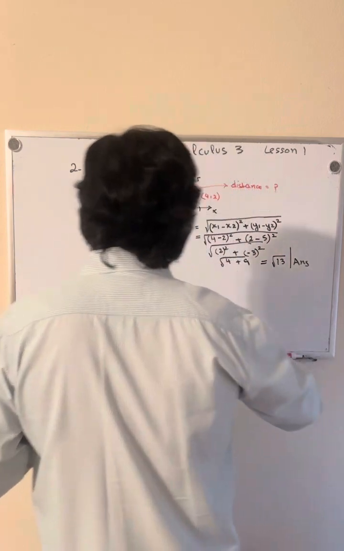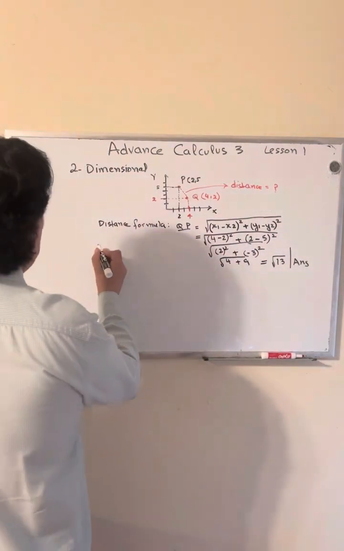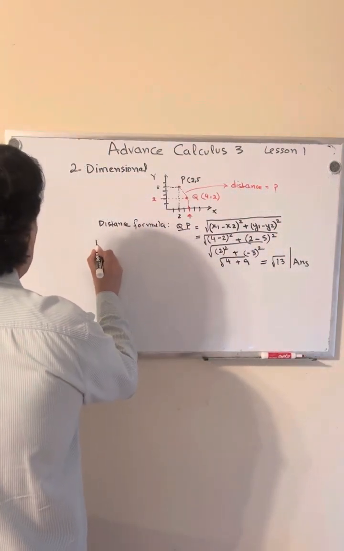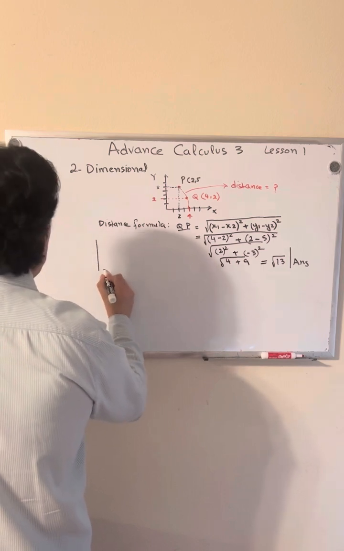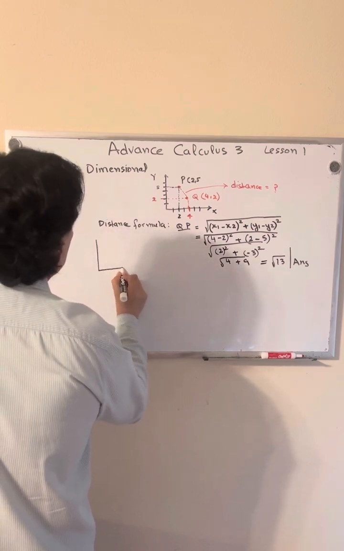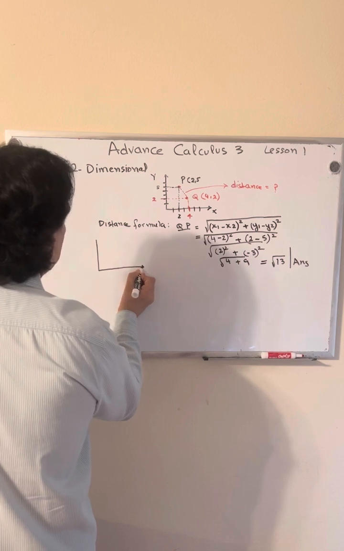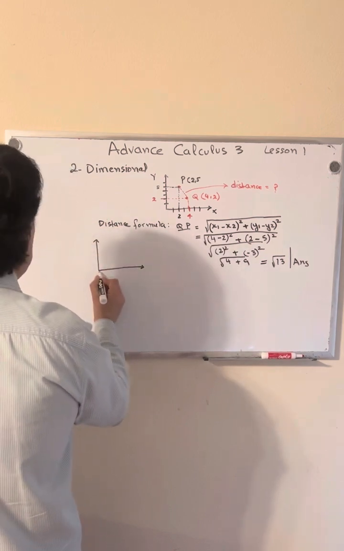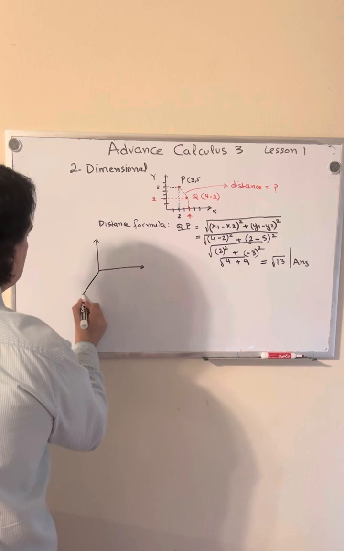So without erasing that, let me see if I can draw that right here. You've got this axis right here, and then we've got this axis right here.